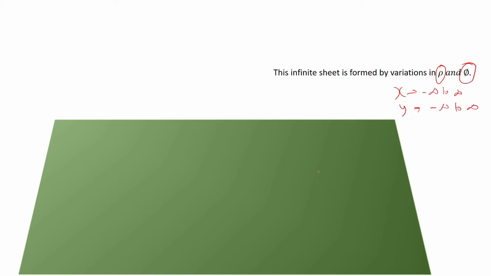Now, the normal to this sheet is a h cap, because we have assumed this to be in the h equals constant plane. So the normal to that would be a h cap, right?